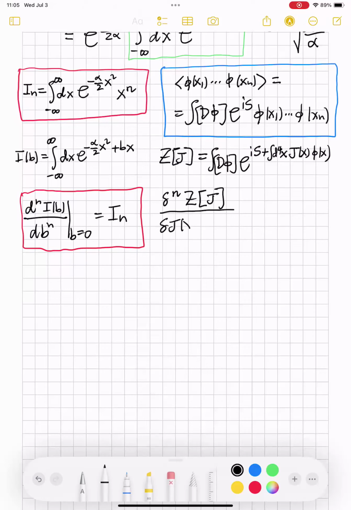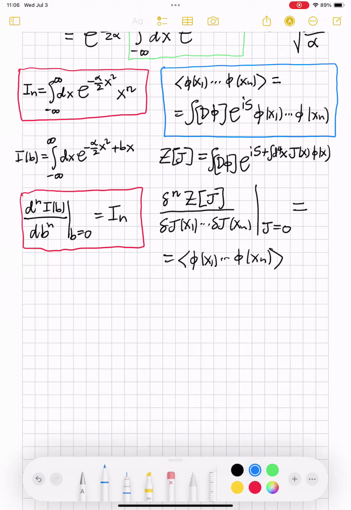So we're going to take n functional derivatives, with respect to j of x1 up to j of xn, and we'll evaluate it at j equal to 0. It turns out that this is nothing but the correlation function phi of x1 up to phi of xn.